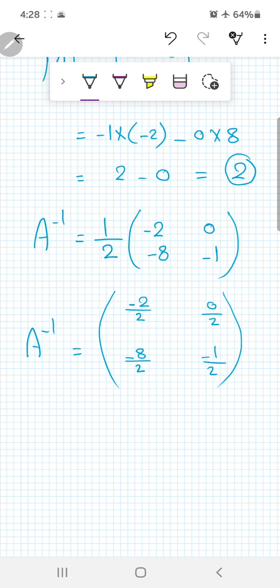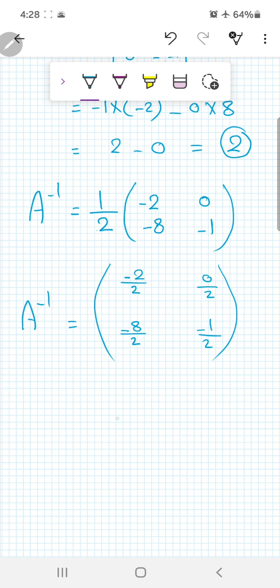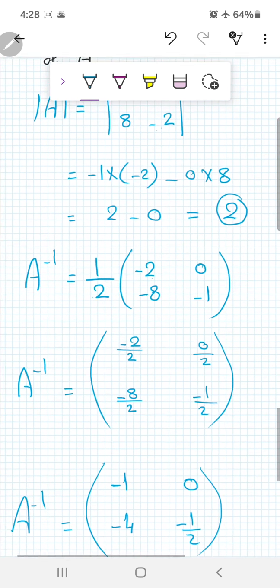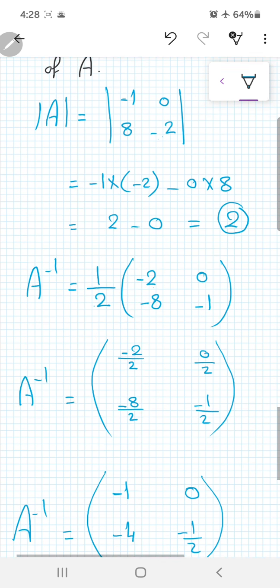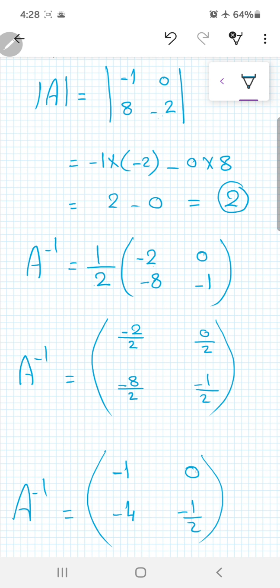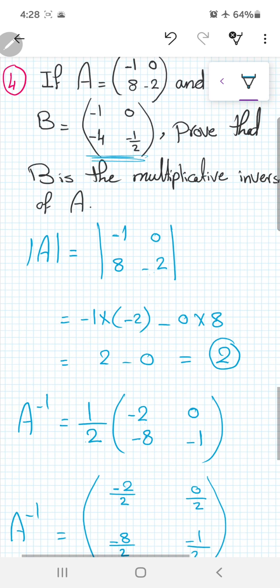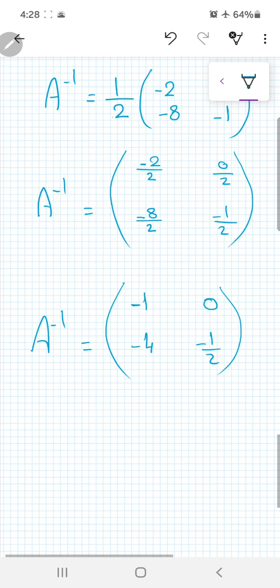Using your calculator, negative 2 divided by 2, it will be negative 1. Here will be 0, negative 4, negative half. What did you notice here? Here we have A inverse equal to the same matrix as B. Here A inverse: negative 1, 0, negative 4, negative half. What about B? Negative 1, 0, negative 4, negative half.